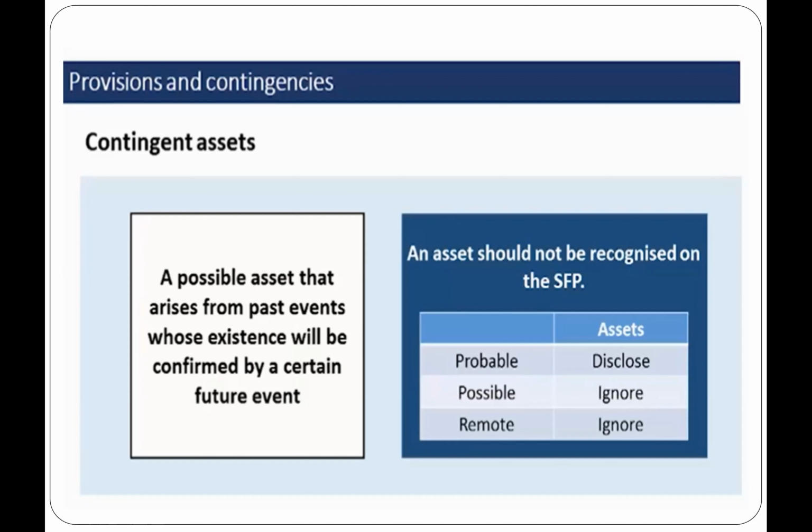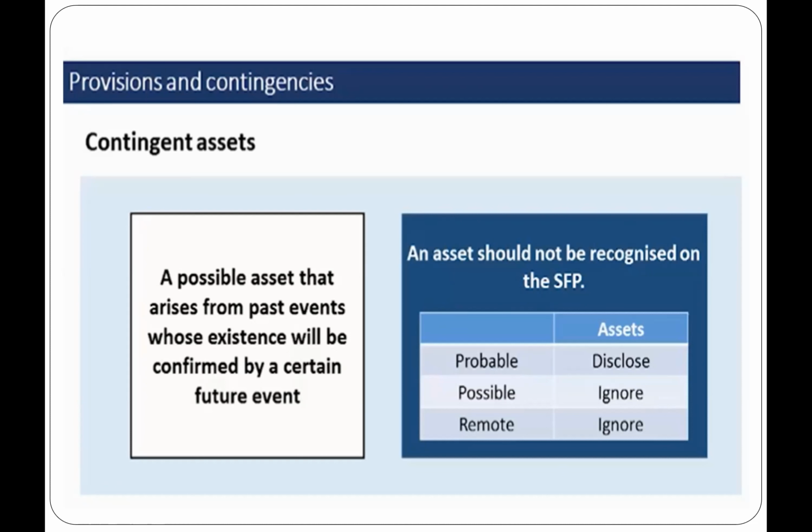So we cannot recognize an asset unless we are 100% sure that it's actually going to be an asset. So if the probability is more than 50%, even if the probability is 95%, we don't recognize an asset. We actually just disclose that there is a possibility that we will be paid this certain amount in the event that the court rules in our case against our supplier for the value of 10,000. So we are simply putting it in our notes.